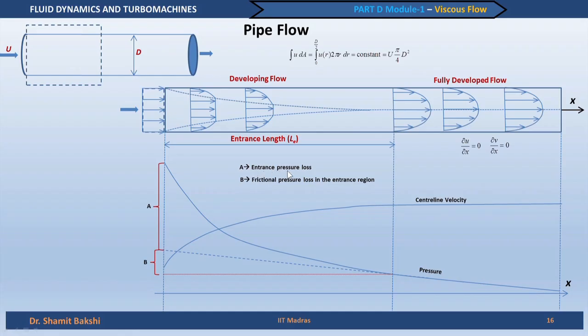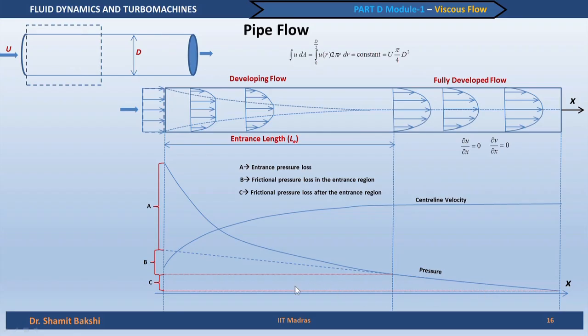This is not due to friction; it is due to the fact that the flow is accelerated as it goes through the developing region. We can also mark the frictional pressure loss after the entrance region as C, which signifies the pressure loss after the entrance region.